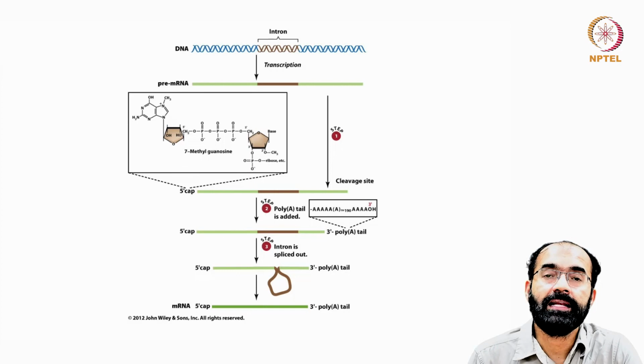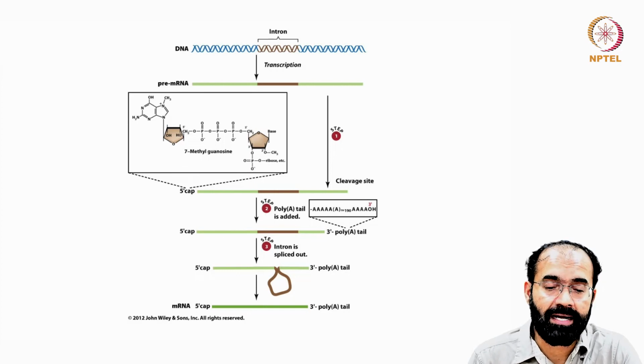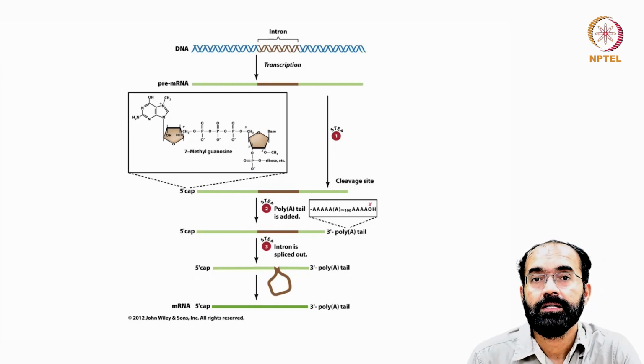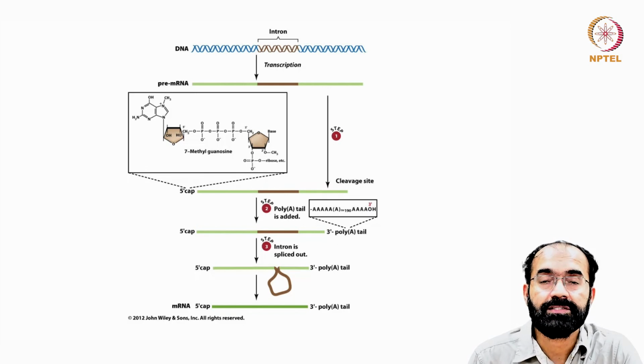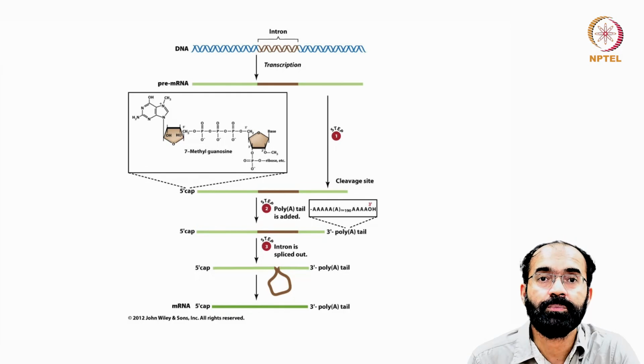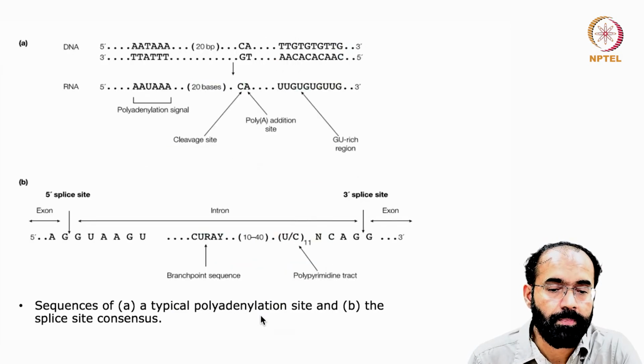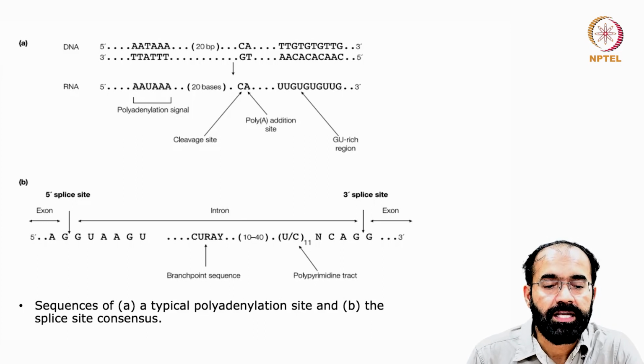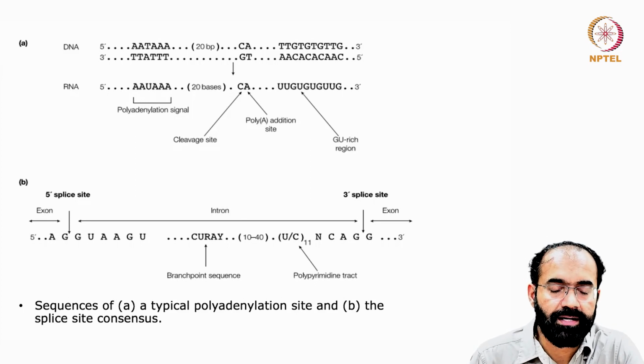This poly-A tailed, 5' capped RNA undergoes splicing, and the spliced RNA, which has the cap and the poly-A tail, is now ready to be exported to the cytoplasm. This picture shows the unique features that have to be present in the DNA and also in the subsequent RNA.